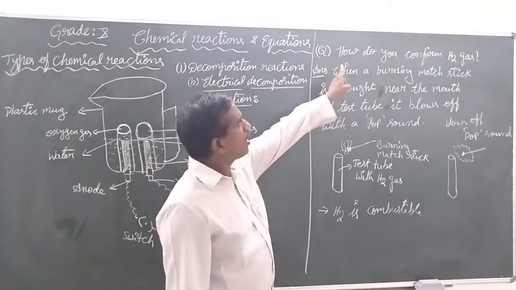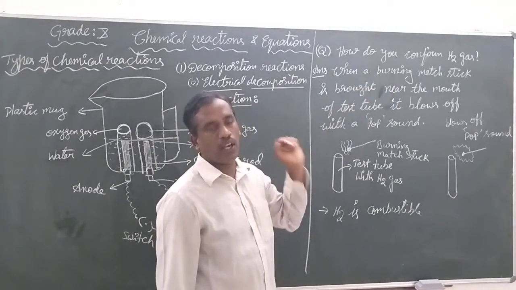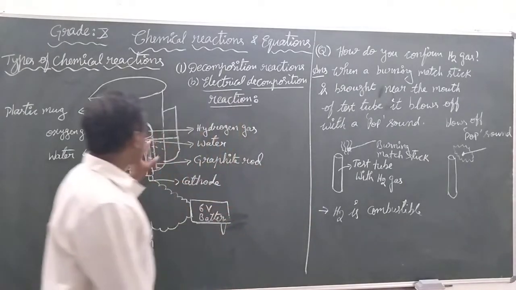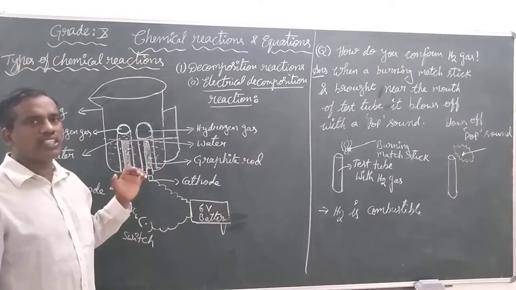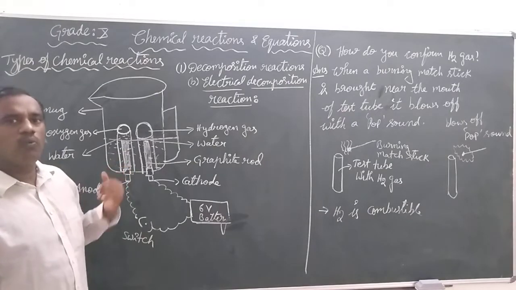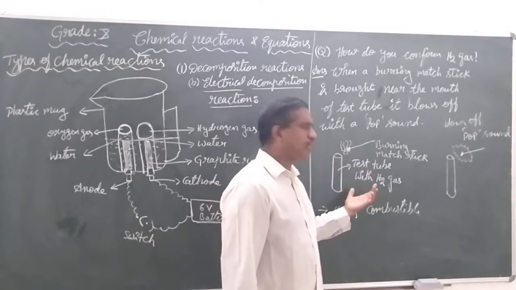Question is, how do you confirm hydrogen gas? In any of the test tubes, some gas was there. We don't know what gas that is. Then we can imagine that the test tube has some hydrogen gas.